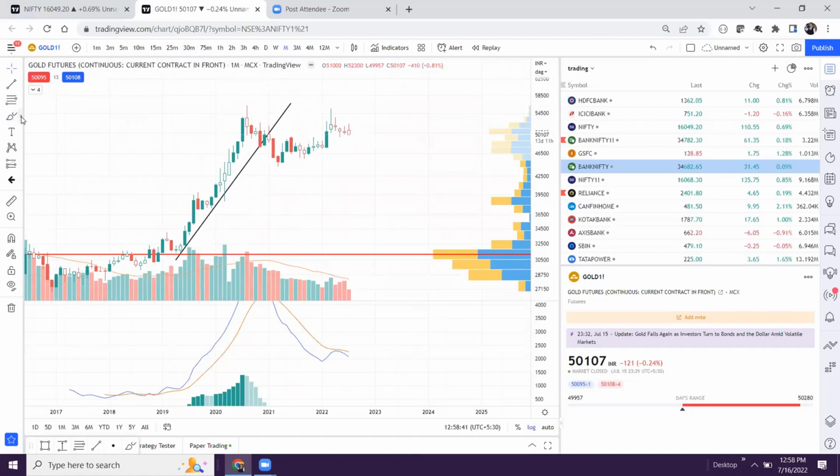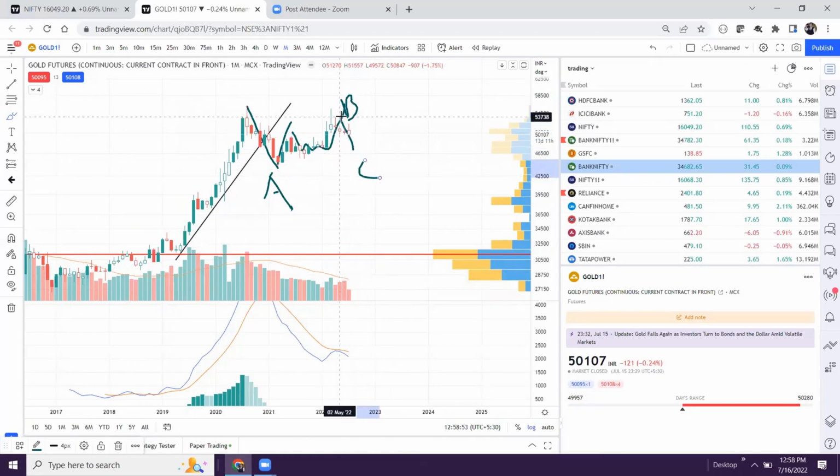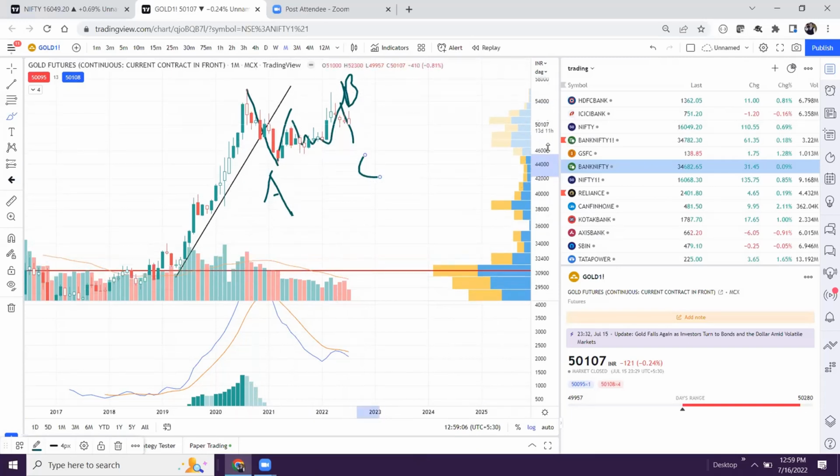The first wave we say is A, and after that we get some correction, so that is B, and it can come down to form C. This is our monthly view, that on a long chart this has to come down, right? And is this point clear till now?